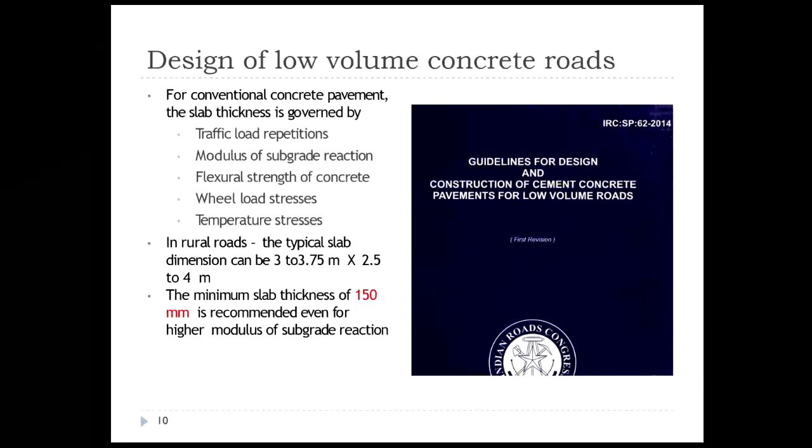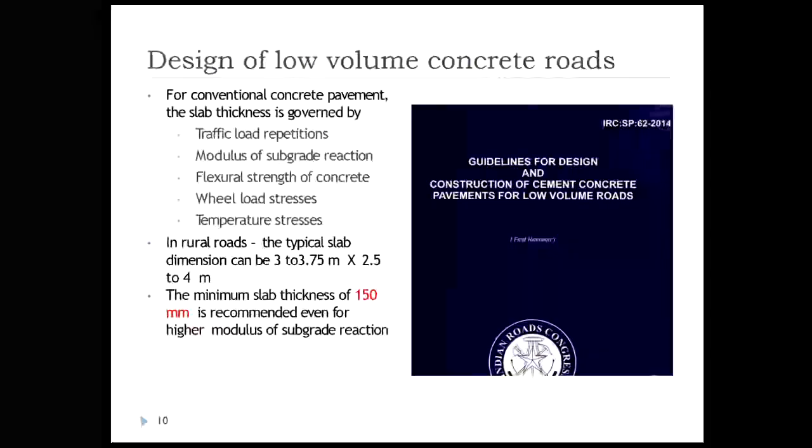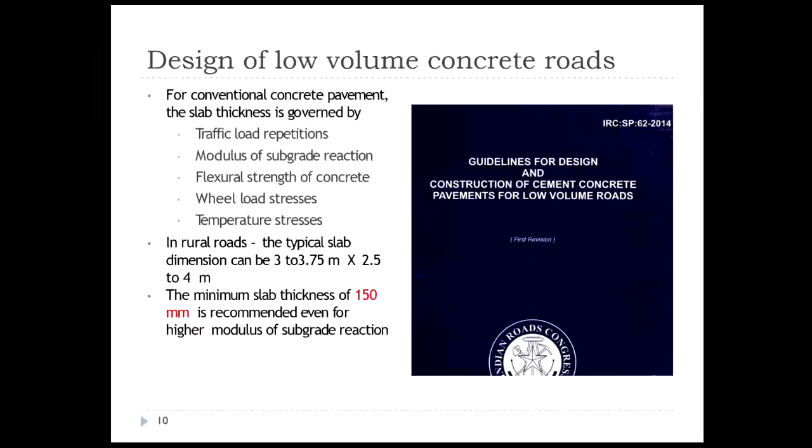So your slab thickness is basically governed by your traffic load repetitions, modulus of subgrade reaction, flexural strength of the concrete, the grade of concrete, whatever you're adopting, the wheel load stresses, as well as the temperature stresses.